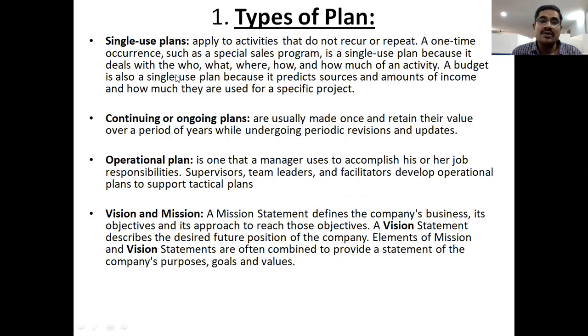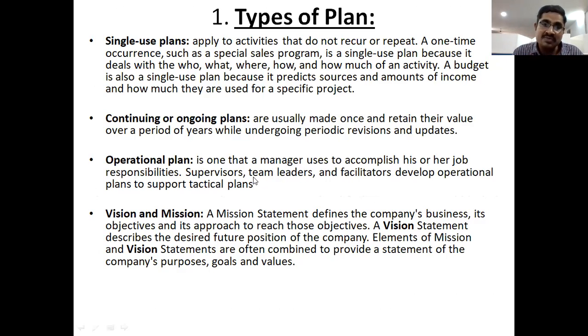So here we have some types of plans: single-use plans, continuous or ongoing plans, operational plans. Operational plans mean each and every business activity and their related plans. Vision means a long-term plan which leads to future 20-year plans.